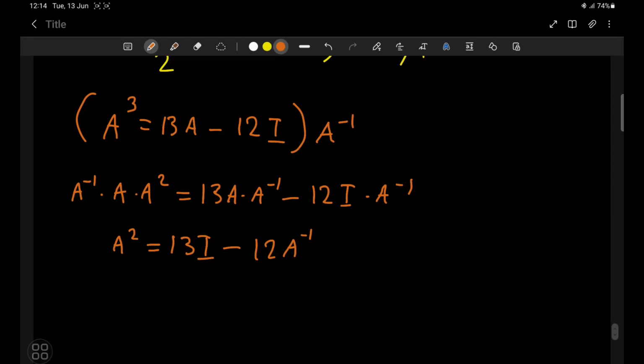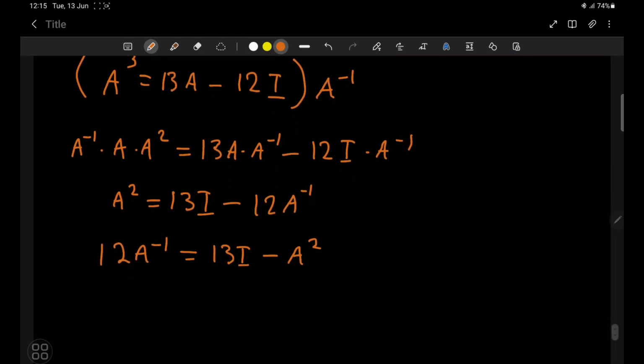So from here, our focus is to make A inverse the subject. So we can rewrite the expression with 12 A inverse is equal to 13I minus A squared, like that.